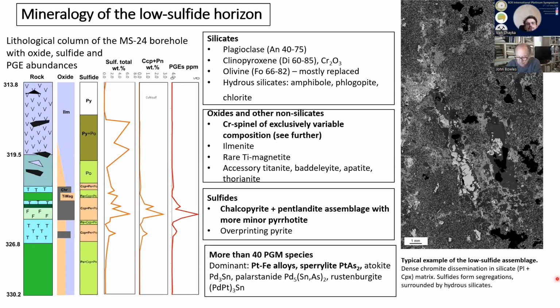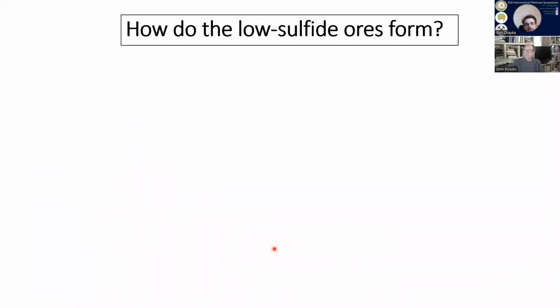Silicates are similar to those of the rest of the Noril'sk-1 intrusion and comprise plagioclase, clinopyroxene, and olivine, which are broadly replaced by secondary hydrous silicates. Noble metal mineralization is extremely rich in mineral species. I will show the details further, and now I'll emphasize that the dominant phases are platinum-iron alloys, sperrylite, and plenty of arsenides, stannides, and other chalcogenides.